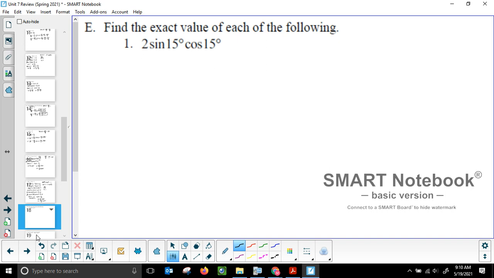All right, part E. Find the exact value of each of the following. Okay, well, this looks a lot like 2 times sine u cosine u. We just talked about the double angle formulas recently, that was the last section that we did. So this is actually equal to sine of 2 times u.